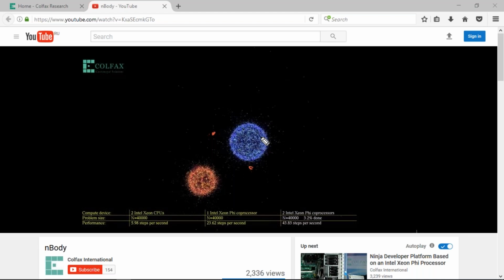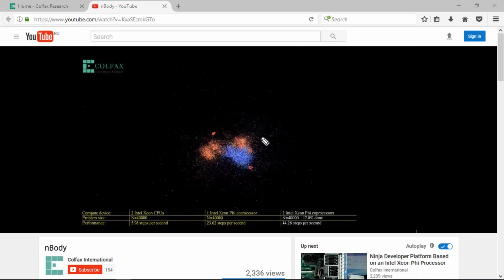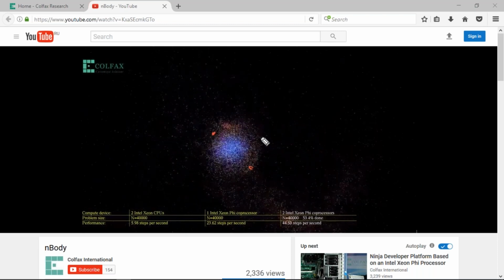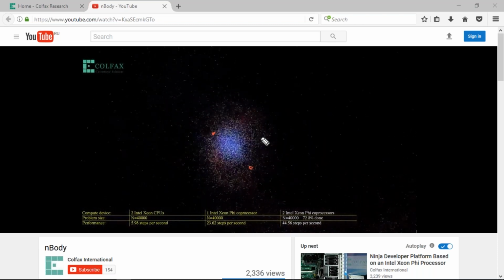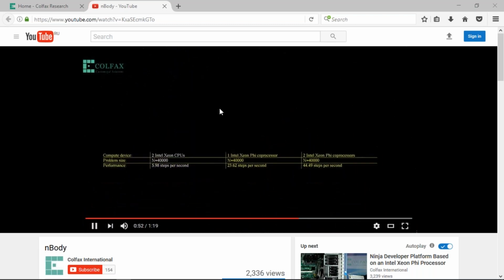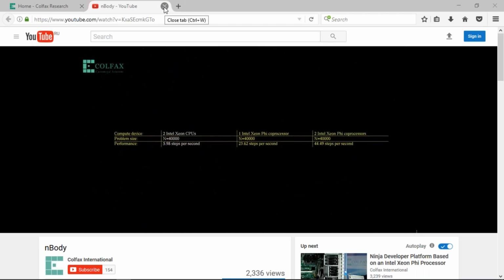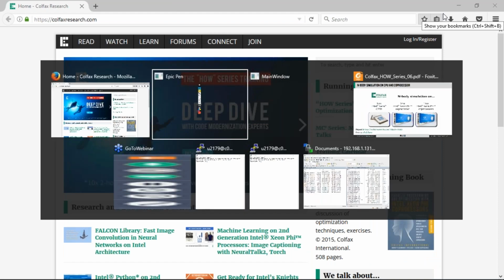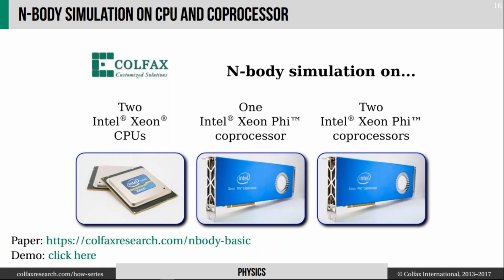First, you saw a slow animation that was running on a Xeon processor, next on a Xeon Phi coprocessor, and now on 2 Xeon Phi coprocessors. And the key message of this demo is not the particular performance, but rather that we are using the same exact code on the Xeon and on the Xeon Phi.